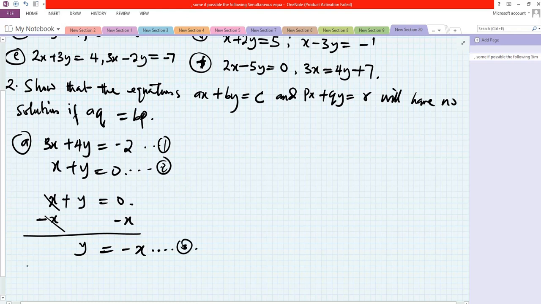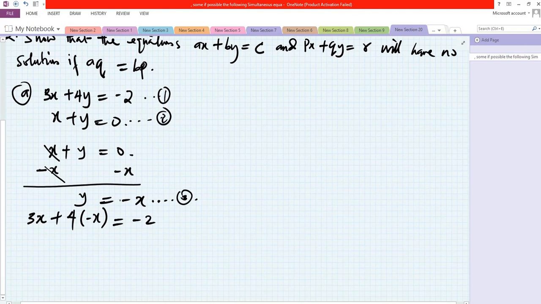Now if you substitute y equal to minus x into equation 1, you have 3x plus 4y. y now is minus x. So anywhere we see y, we replace it with minus x. So now we'll write the remaining part of equation 1.